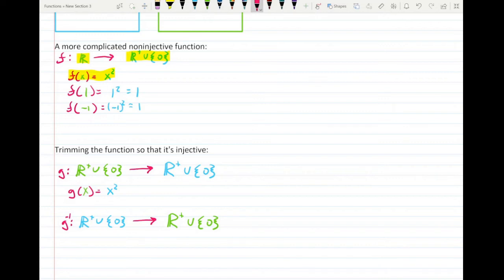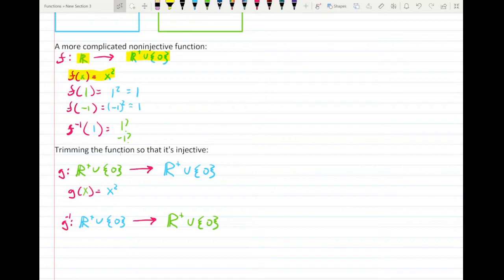So if we were trying to write down an inverse, we'd have to think, okay, f inverse of 1. Is that 1 or is that minus 1? And there's no way to do that, right? We have this branching out thing that we had before because two different inputs in our original function went to the same output.